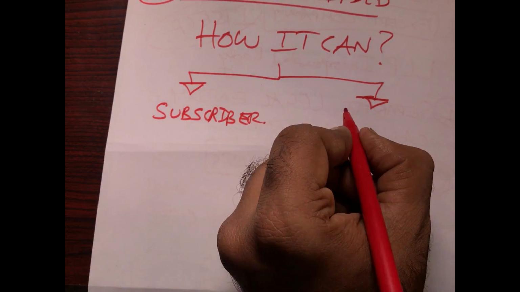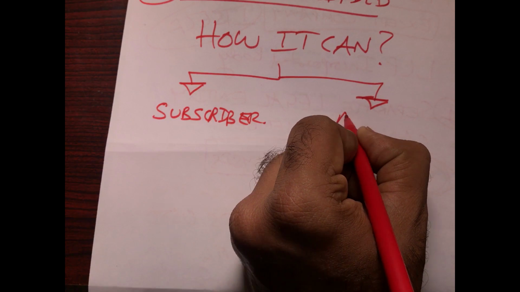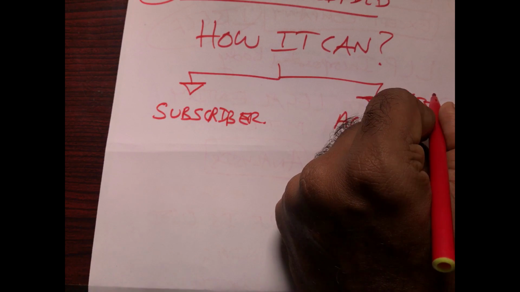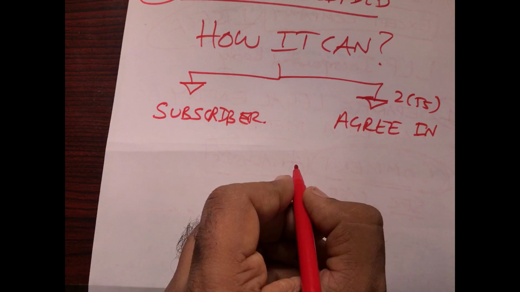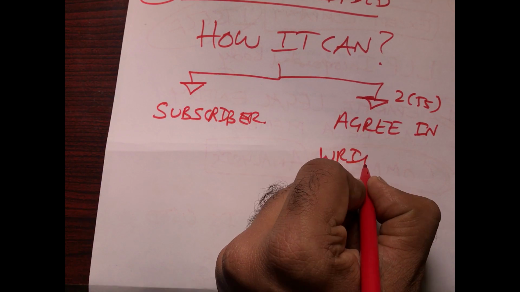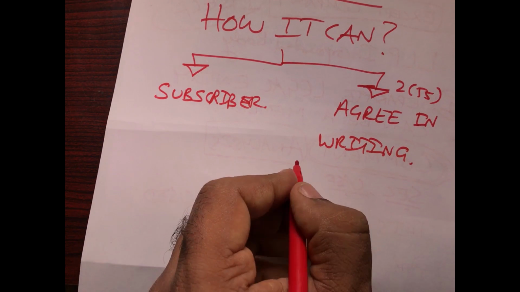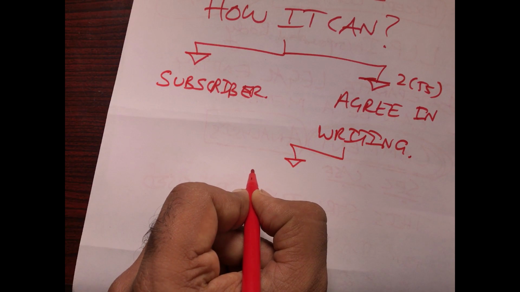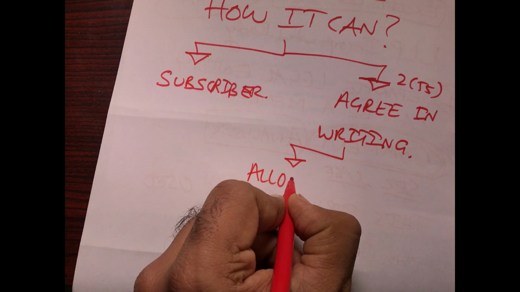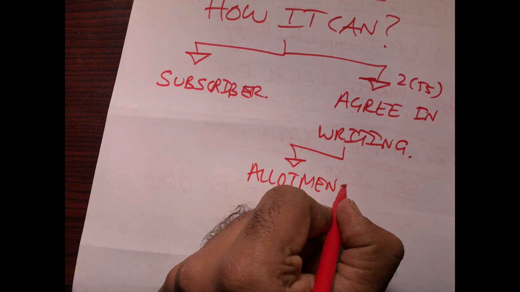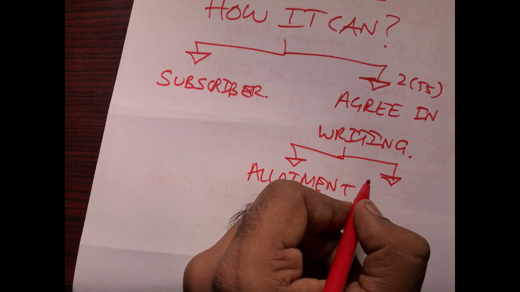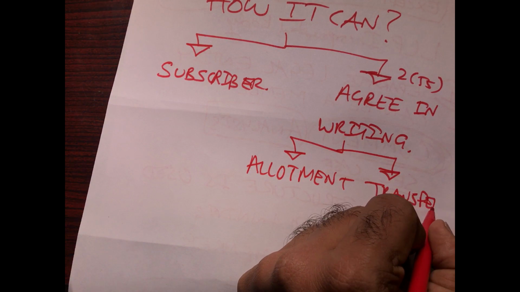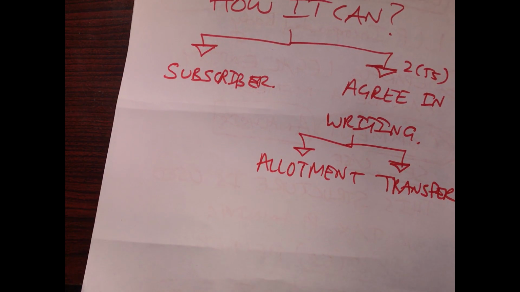Then it can agree in writing, which is again the section 2 subsection 55 connection. How will it agree in writing? If we go further, it can be allotment of shares, or alternatively it can even be a share transfer. Somebody else can also transfer the shares to the LLP.